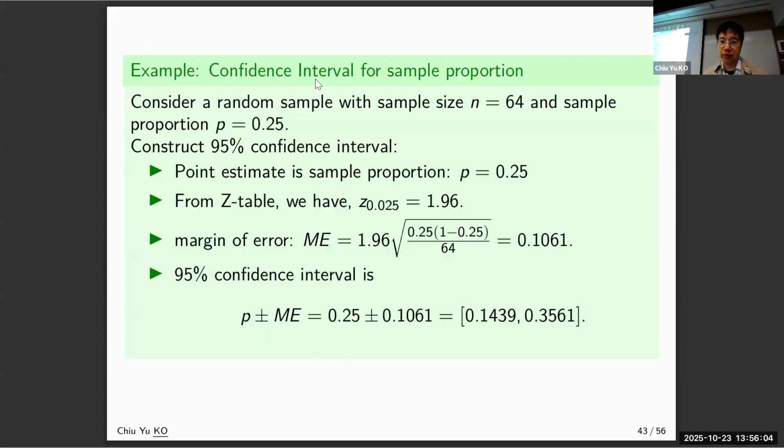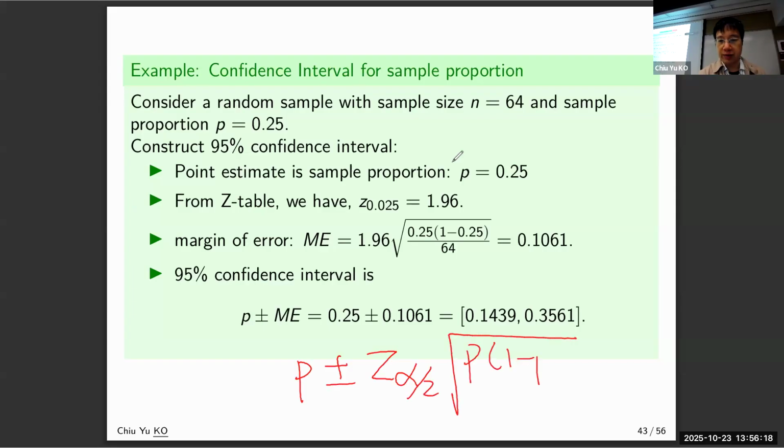And let me show the example here first, okay? Remember the formula we just said is p plus minus z alpha over 2 times the square root of p times 1 minus p over n, right? So this is how you are guessing. Okay. So you have data, n is 64, sample proportion is 1/4.